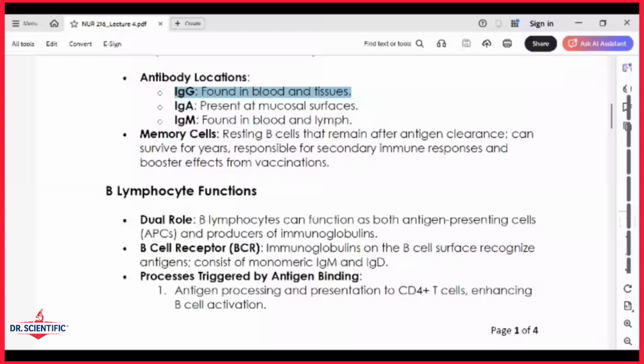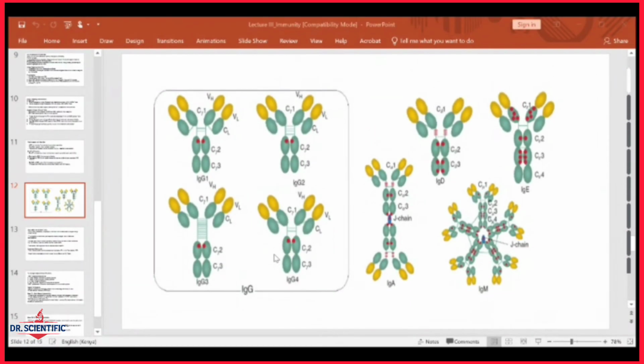Could anybody tell me what we mean by monomeric IgM? Yeah, Miguel?